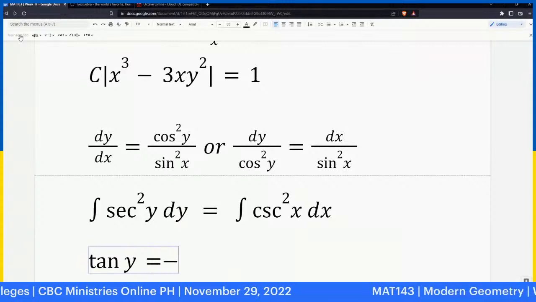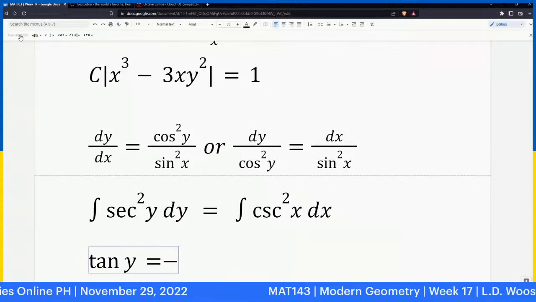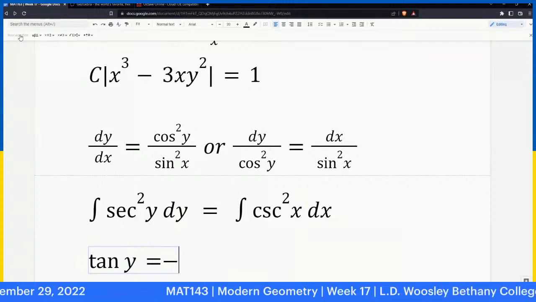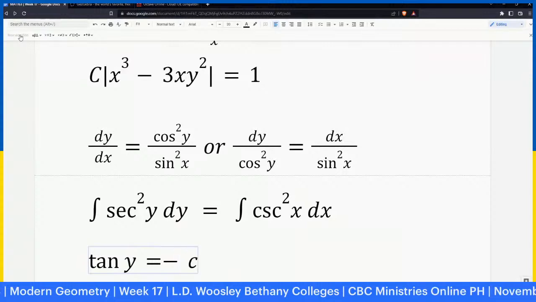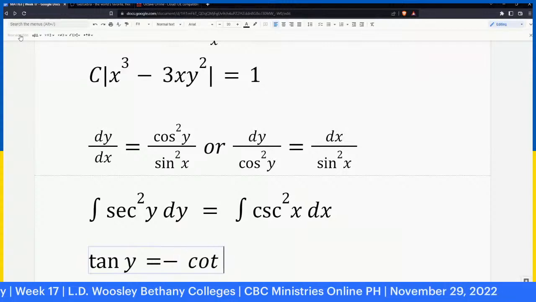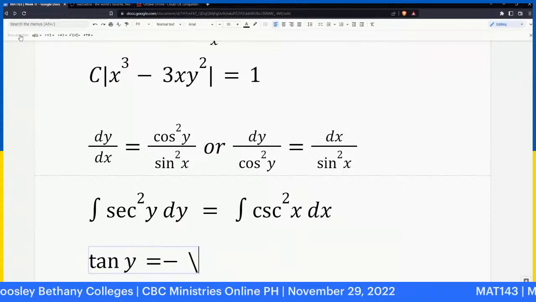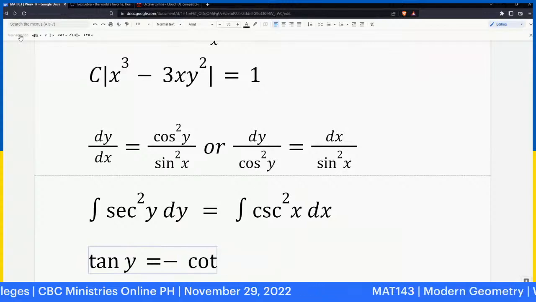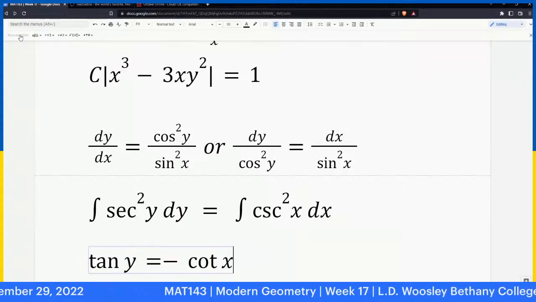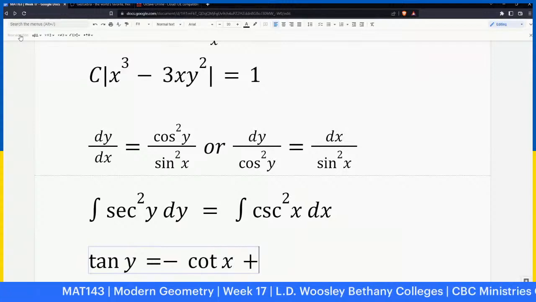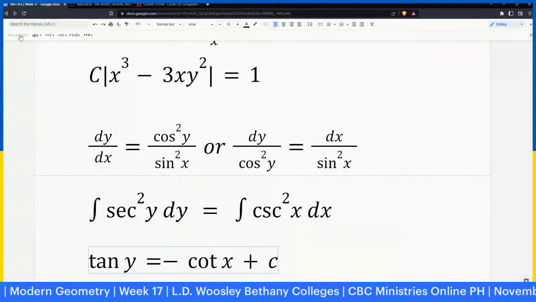Negative 2 over 2, tangent x, negative tangent x. Negative cotangent x. So review your integral of integration of trigonometric functions there. Plus C. Okay, so that's the answer.